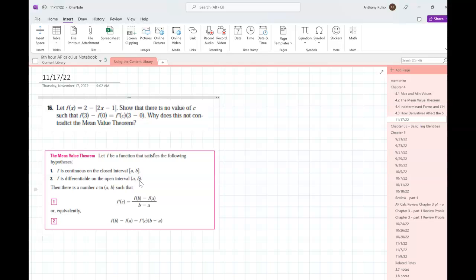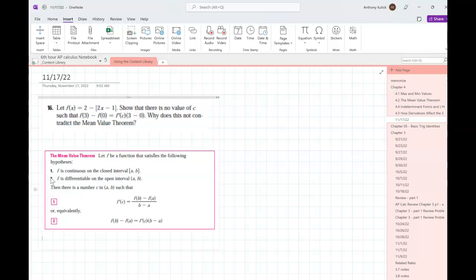Ooh, absolute value function sometimes has an issue with differentiability. So in this case, our A and B are 0 and 3. If that corner on my absolute value function happens between 0 and 3, we know that's going to be the hiccup of why the mean value theorem appears to be failing when it's not actually failing.